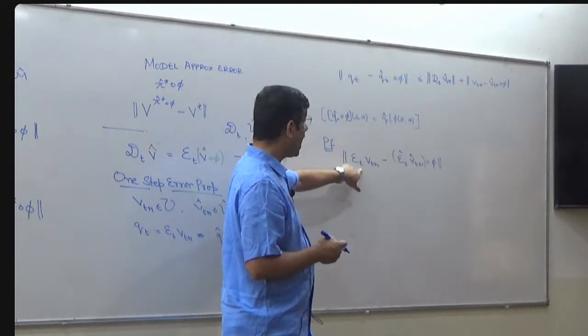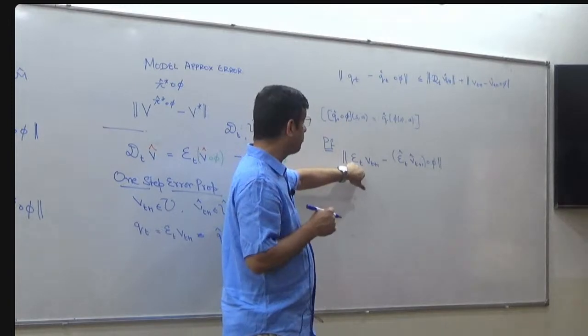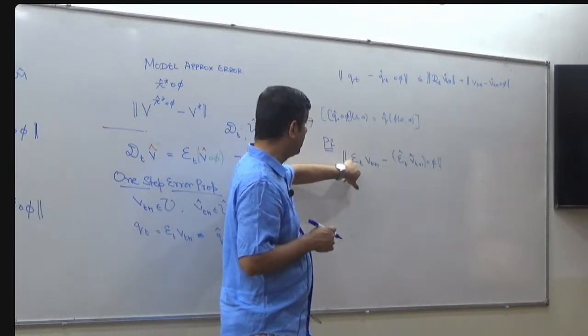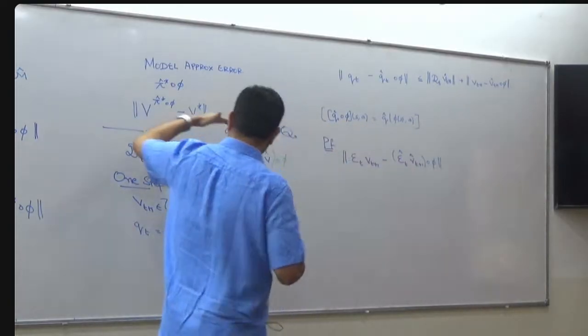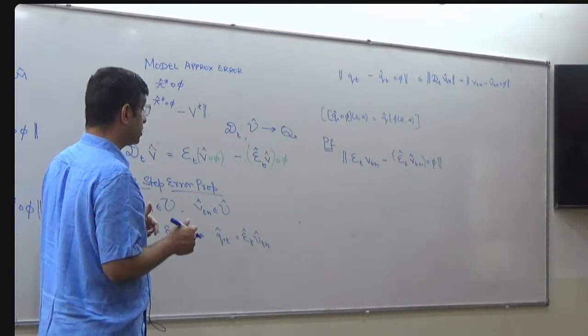So, I am going to add and subtract. Remember what we did last time: I could have either added and subtracted E hat V or E V hat. In this case, in the direction in which I am going, I only have one option.